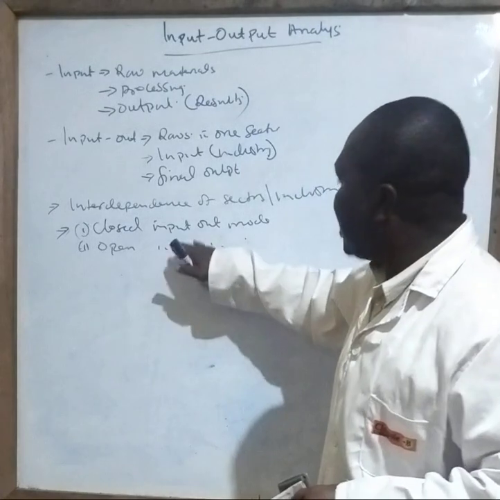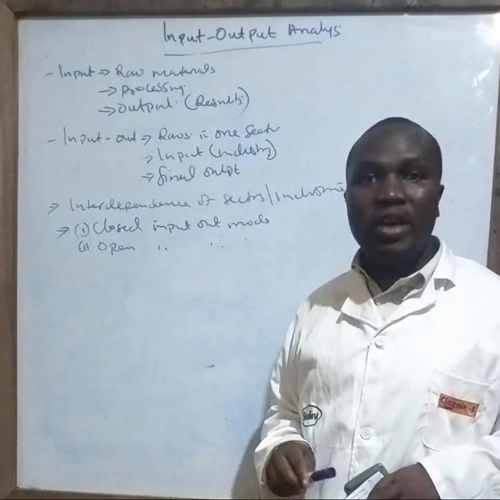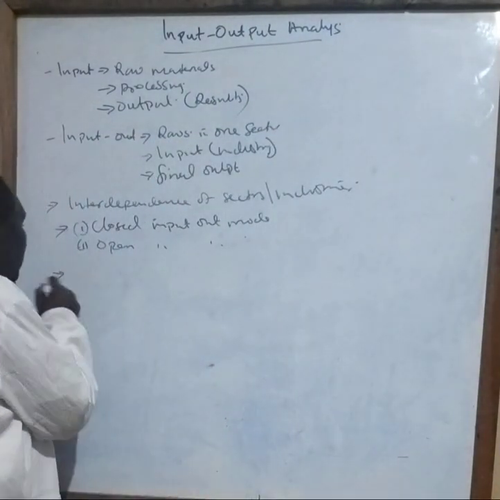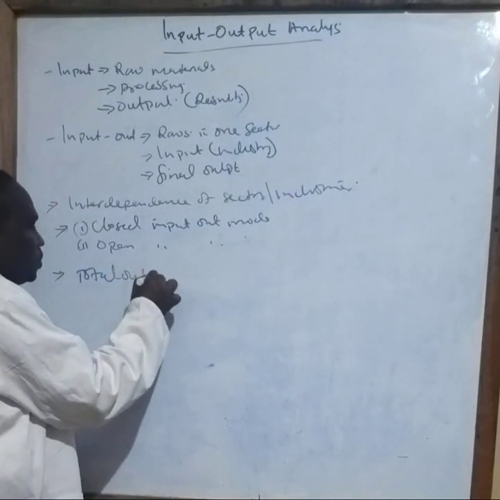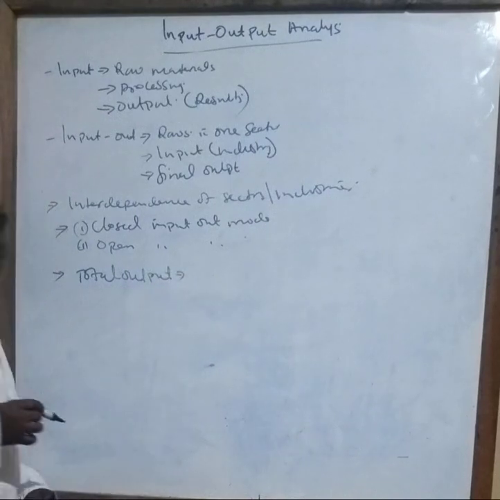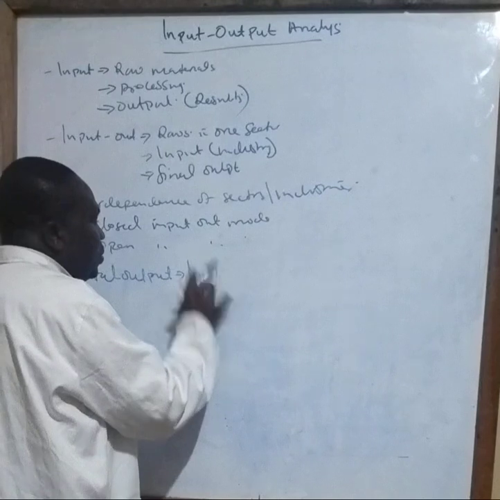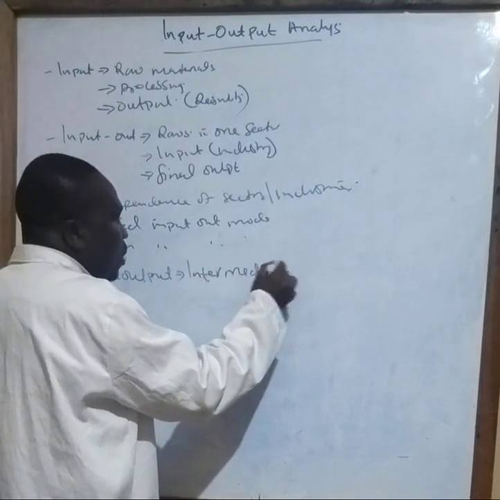That type of input-output is called the open input-output model. And therefore, in this case, it tells us that when you talk about the total output, we are talking about intermediate output.